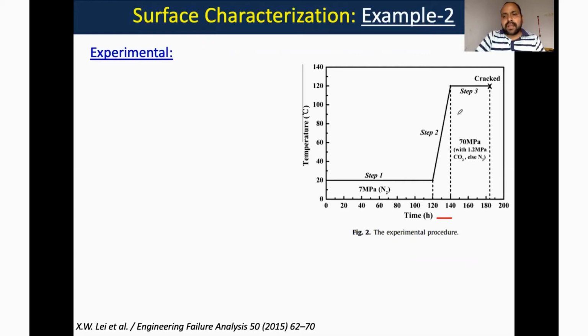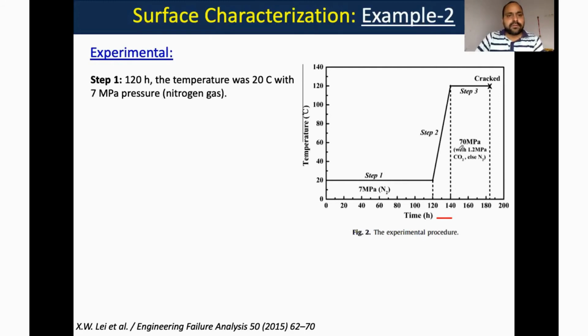And then again they changed the pressure from 7 MPa to 70 MPa with 1.2 MPa of carbon dioxide and N2, and they applied this pressure for more than 40 hours.